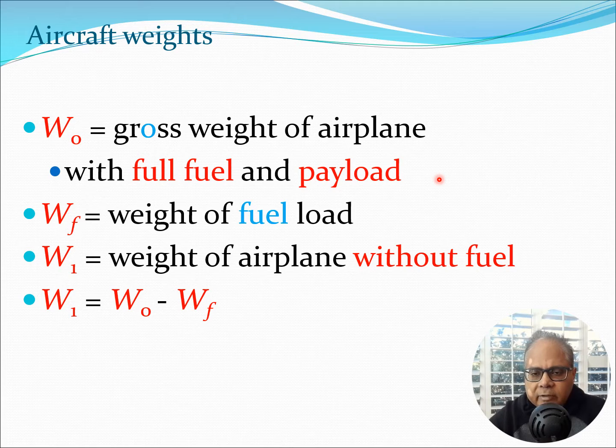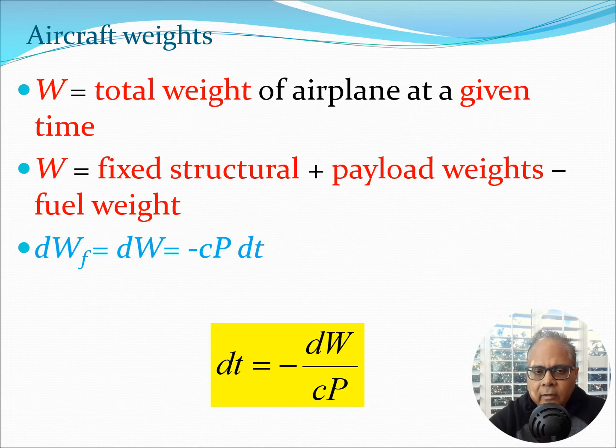This typically happens when the aircraft takes off from an airport to fly a mission. Now WF is the weight of the fuel load, and W1 is the weight of the airplane without fuel. So that is W0 minus WF. That's an important equation to remember, that W1 is W0 minus WF.